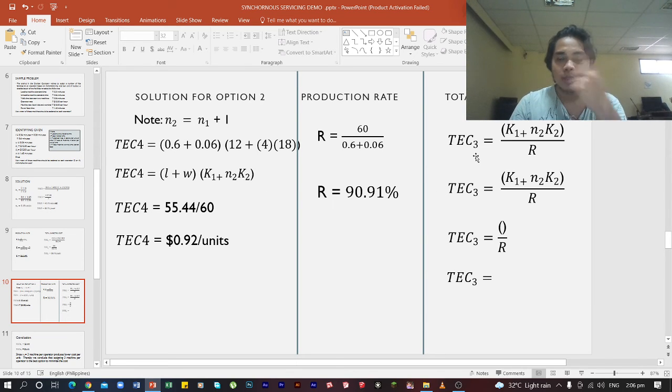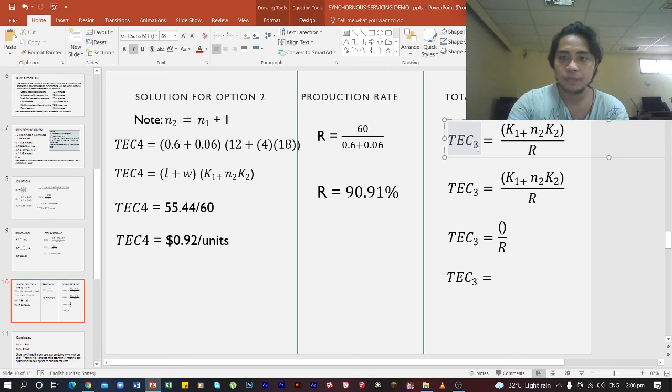But let's see the total expected cost, which produces the lower cost. Let's solve. So TEC4: K sub 1 is 12, N sub 2 is 4, right? And K sub 2 is 18. And our production rate is 90.91.